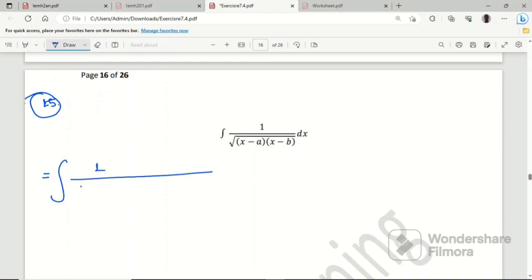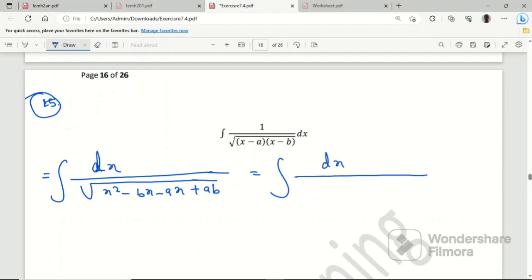It will give me x square minus bx minus ax plus ab. Okay. So I'll get dx, I'm writing here, dx, it will give me x square under root, I will take minus x as common, so it will give me a plus b plus ab as constant.